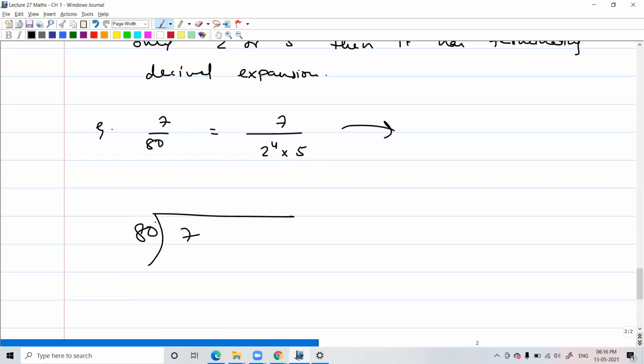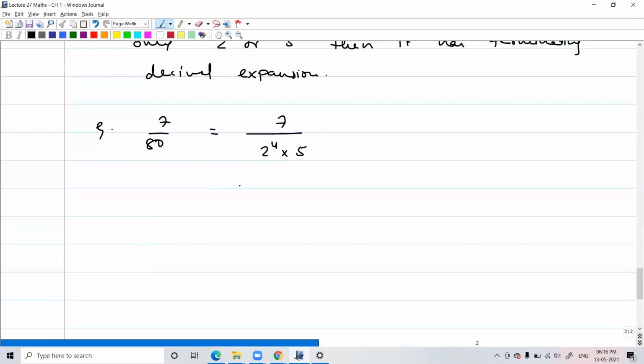It will take half an hour to do the division and you will get the answer. Okay, but if you are smart enough, what will you do? Anybody knows? What's the smart way to convert this into a decimal? Okay, nobody can think of.